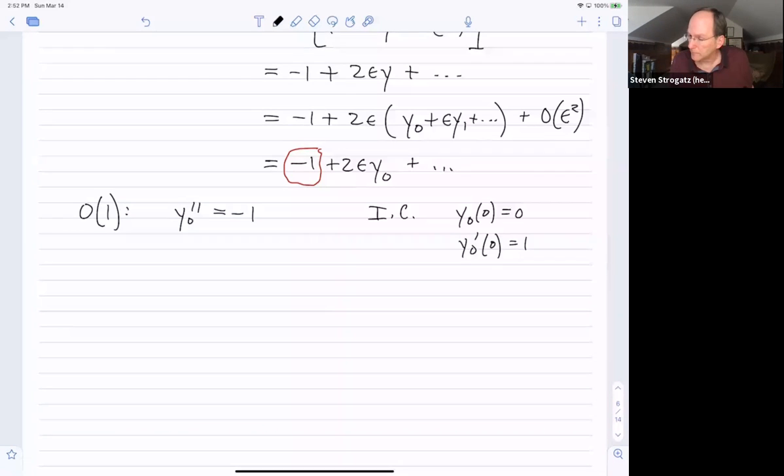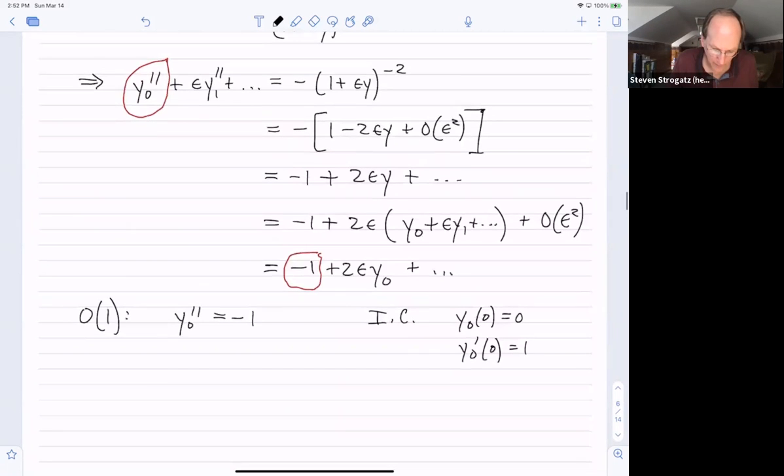Okay. I guess while I'm there, why don't I just solve that? Or I don't know. It's unclear what to do first. The other option would be I could just read off my coefficients, my order epsilon stuff. This is being matched by this.